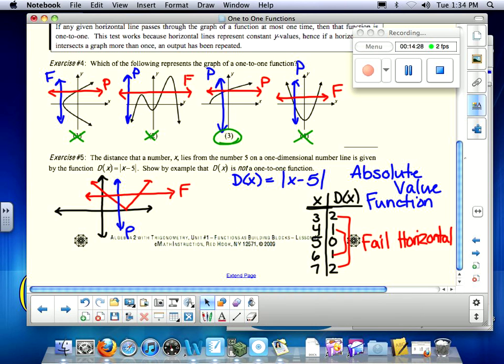Okay, so we have functions. We can look at their graphs and check out horizontal and vertical. We can look at their table of values, and we want to get rid of repeaters. That's all we have to do. Graphs or table of values.